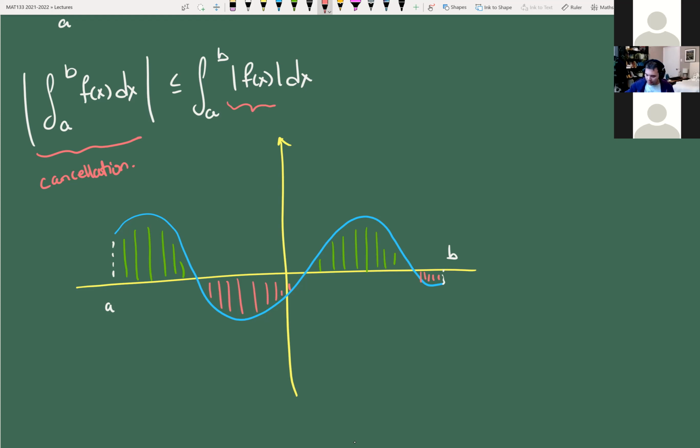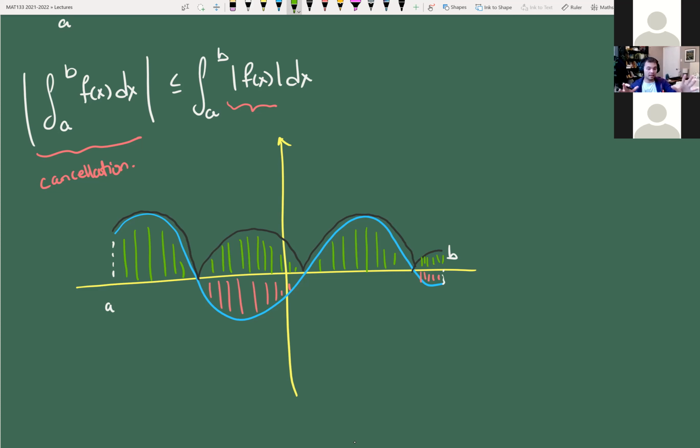Now over here, when I take the absolute value, let me see if I can draw this. I'll try and draw this in black because it's the only color I haven't used. So the absolute value function looks like this. Everything that's above the x-axis stays above the x-axis, and anything that's beneath the x-axis gets put above the x-axis. So now there's no cancellation, and all that area becomes positive.